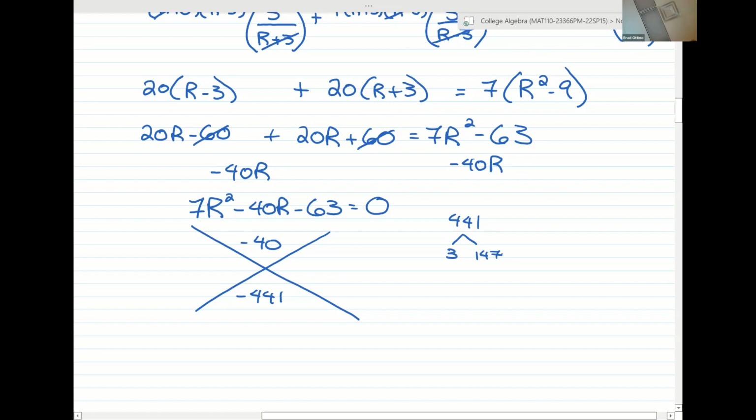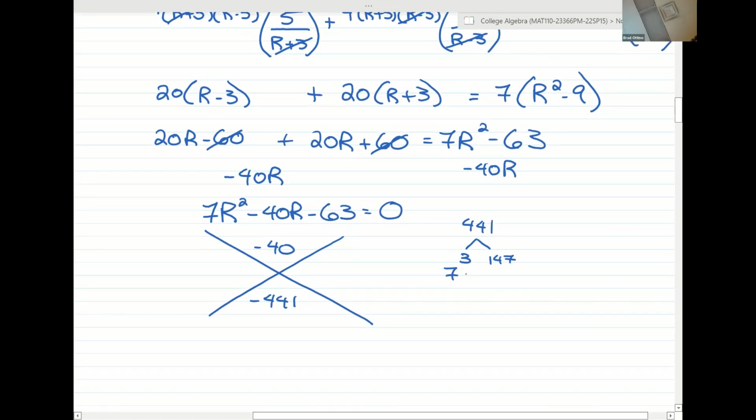Obviously, those aren't going to add up to be 40. 7 goes into 441 63 times, but that's not going to work either. But if you try 9, 9 and 49 are going to work. So we would just have to make the 49 negative and the 9 positive.